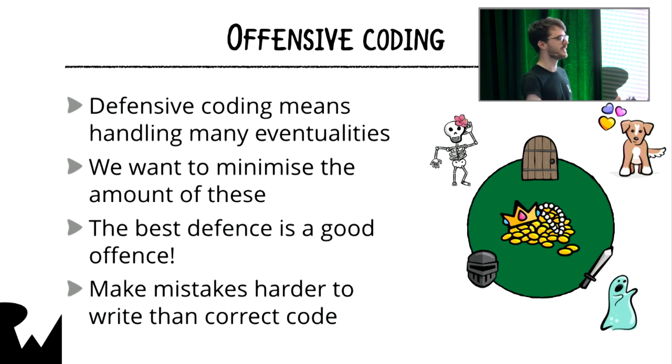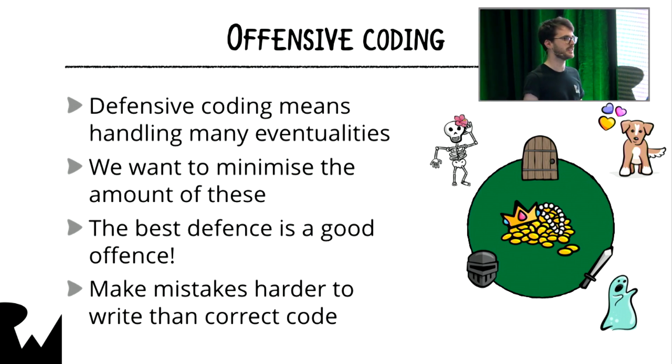So the cute dog may be nice now, but it could be evil in a few years. So we want to keep ourselves protected from external things, because this makes our code less dependent on other things and less likely to break. So yeah, the best defense is a good defense. If we don't want to let something happen, then we make sure it can't happen.